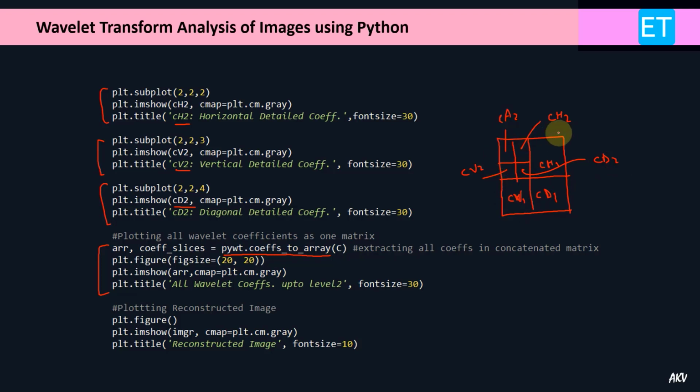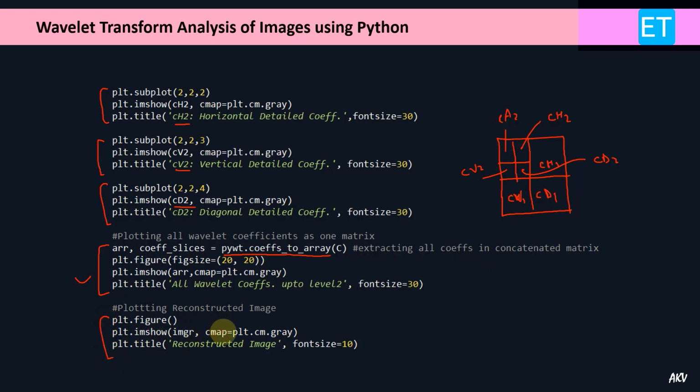So all these matrices will be arranged like this. It is just for representation. So I am plotting a separate figure to show all the wavelet coefficients in this arrangement. You will be able to see it when I execute this program.